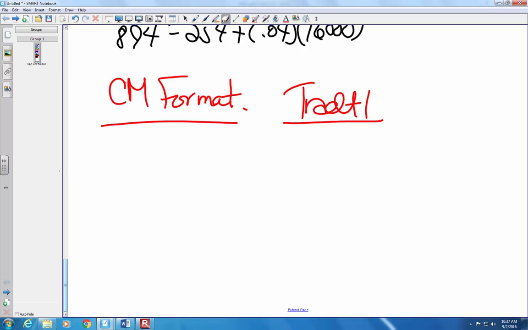Okay, so both of them are going to start obviously with sales. Sales revenue. In your traditional format statement, what comes next? Sales minus COGS. Yep.